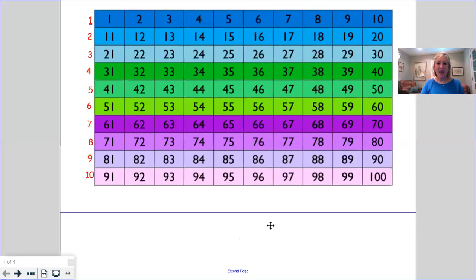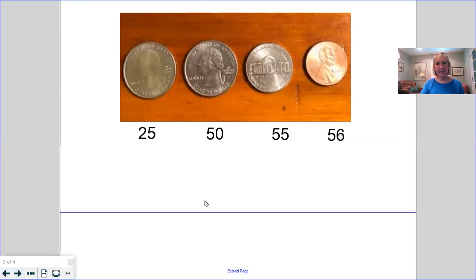Now, I'm going to show you. Okay, here I am. I have some money, and I have some coins here. This one's kind of light, but that's a quarter, and a quarter is worth 25 cents. So I've got 1 quarter, 25 cents, and I actually have another quarter, 25, and another quarter, 25, makes 50 cents. 2 quarters is 50 cents.